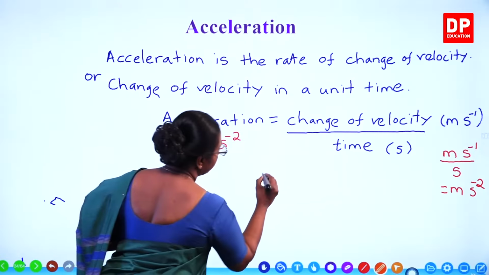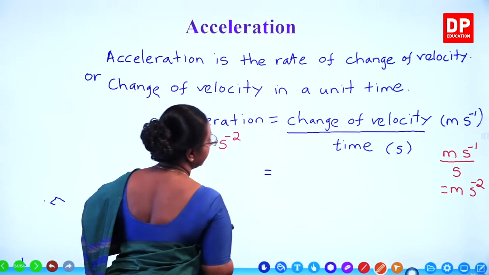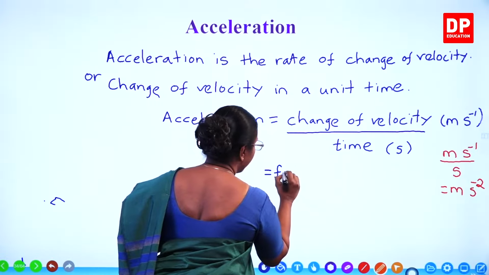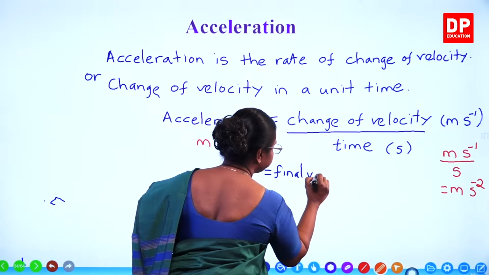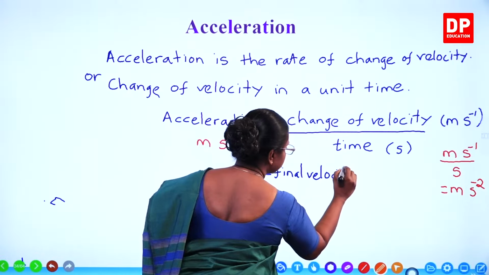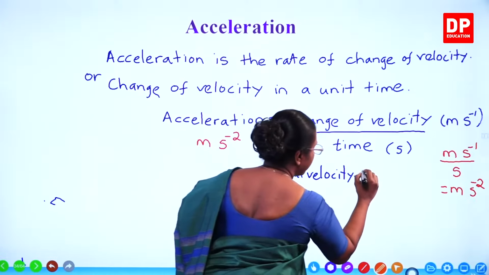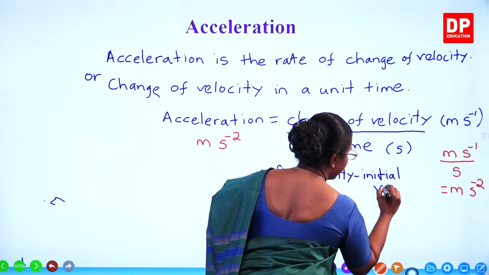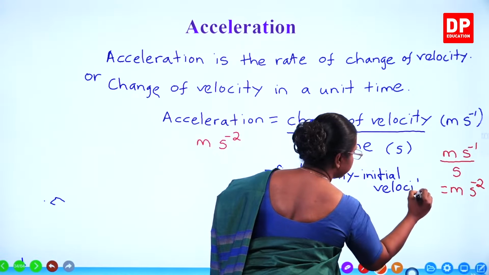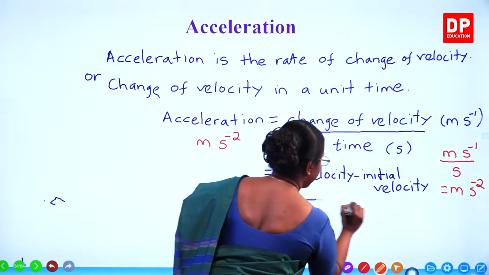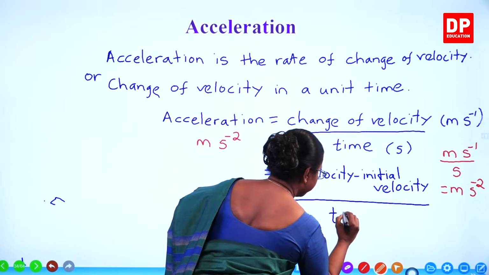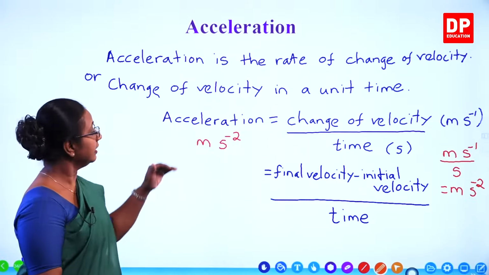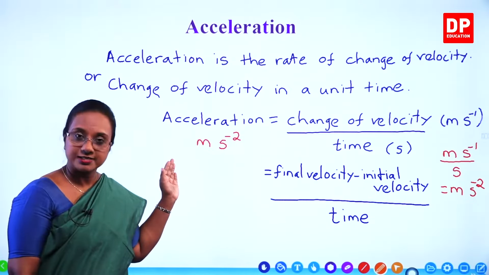So therefore, we can write another equation or rewrite this equation as final velocity minus initial velocity divided by time. So this will be the equation for acceleration.